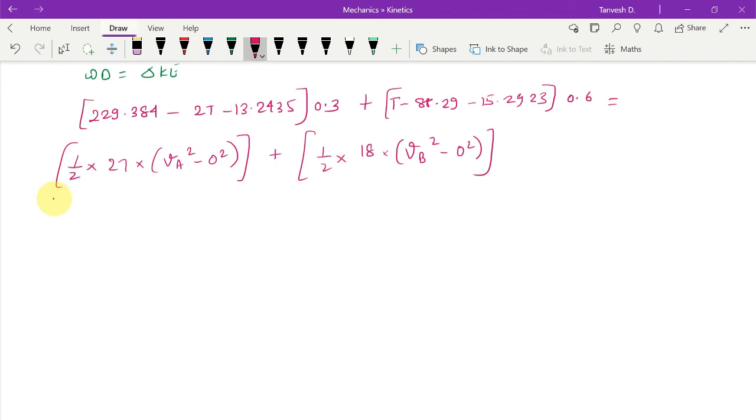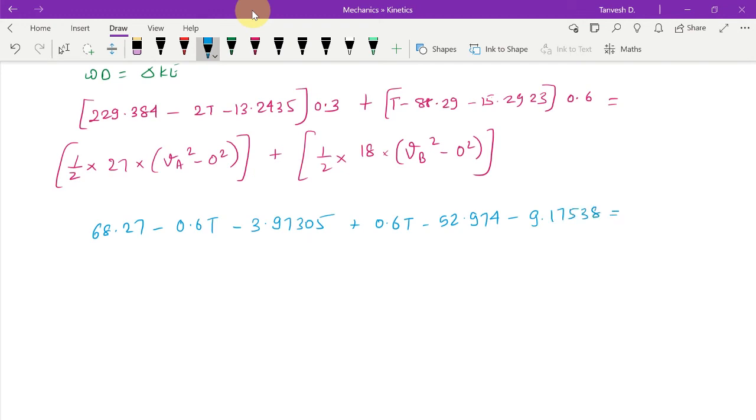So let us solve this equation and see what we get. 229.384 multiplied by 0.3 is 68.27, minus 0.3 into 2T, which is minus 0.6T, minus 13.2435 into 0.3, which is minus 3.97305, plus 0.6 times T, and minus 88.29 into 0.6, which is minus 52.974, minus 15.2923 into 0.6, which is minus 9.17538.